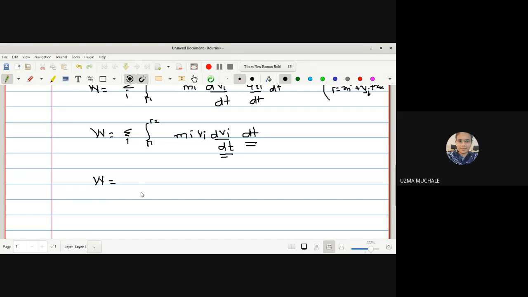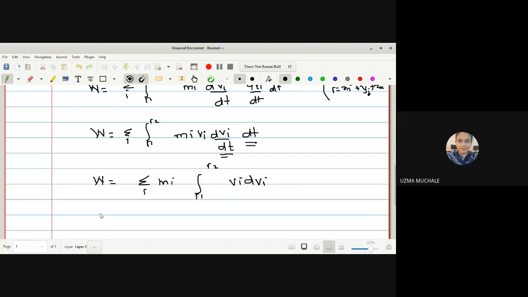So now I can write the resultant as summation over i of mi, integration from r1 to r2. So what remains is simply vi dvi. Is it okay? This integration and derivative get cancelled. The summation over i of mi stays outside, and here we remain with vi dvi.